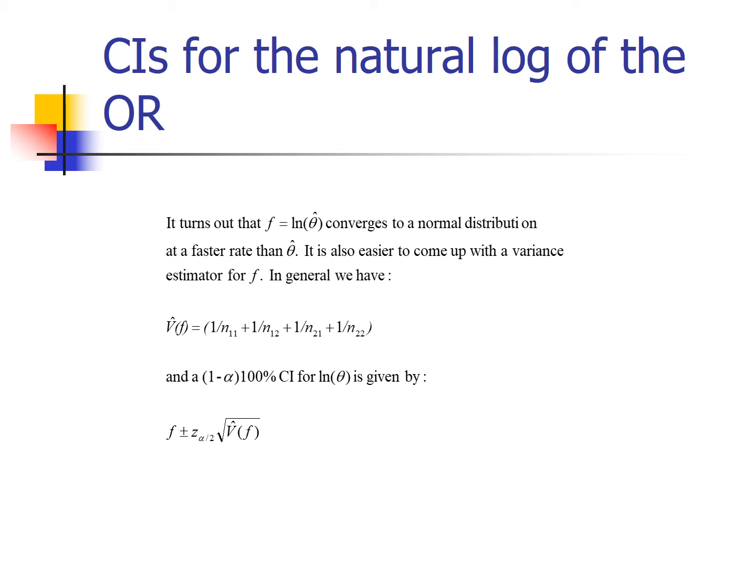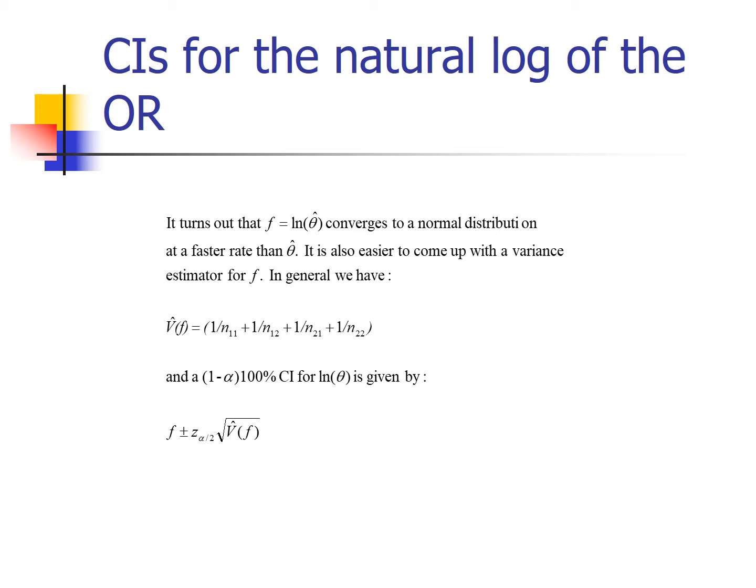We can show mathematically that an estimate of the variance for the odds ratio on this log scale is a cool looking formula. It's just 1 over n11 plus 1 over n12 plus 1 over n21 plus 1 over n22. Those are essentially our 4 cell counts. So we just reciprocate our 4 cell counts and add them up.